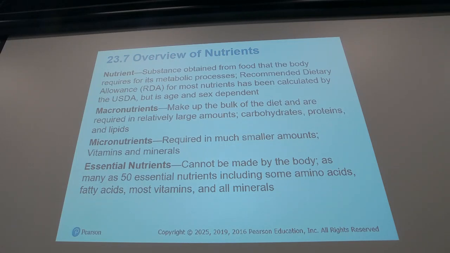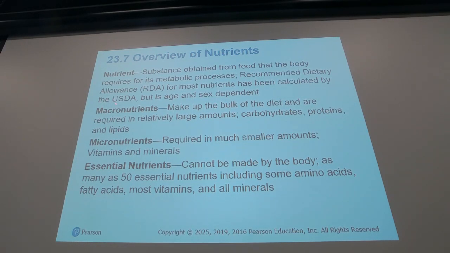Okay, now for nutrients. So we're going to talk about different types of nutrients. So a nutrient is a substance that is required by our body to perform metabolic processes.